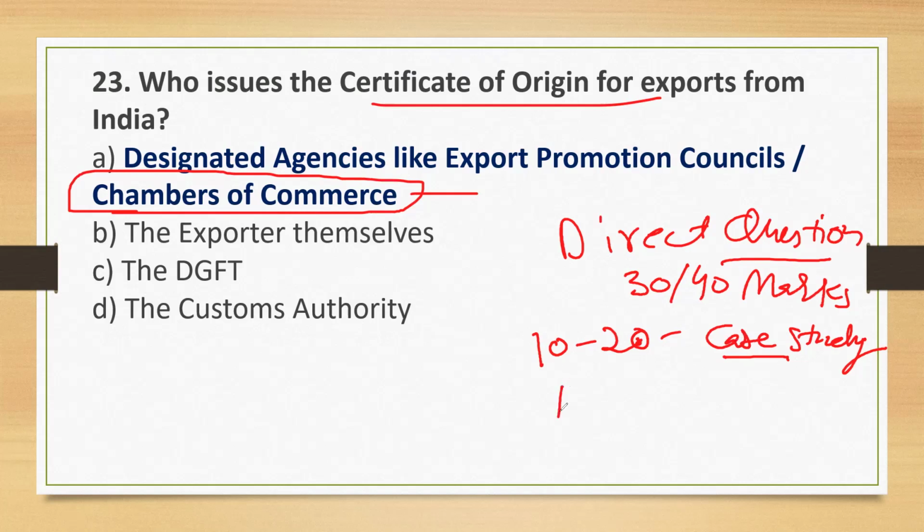After that come 10 to 20 marks of questions where the answer options will be like only 1, only 2 and 3, 1, 2 and 4, all of the above, or none of these.